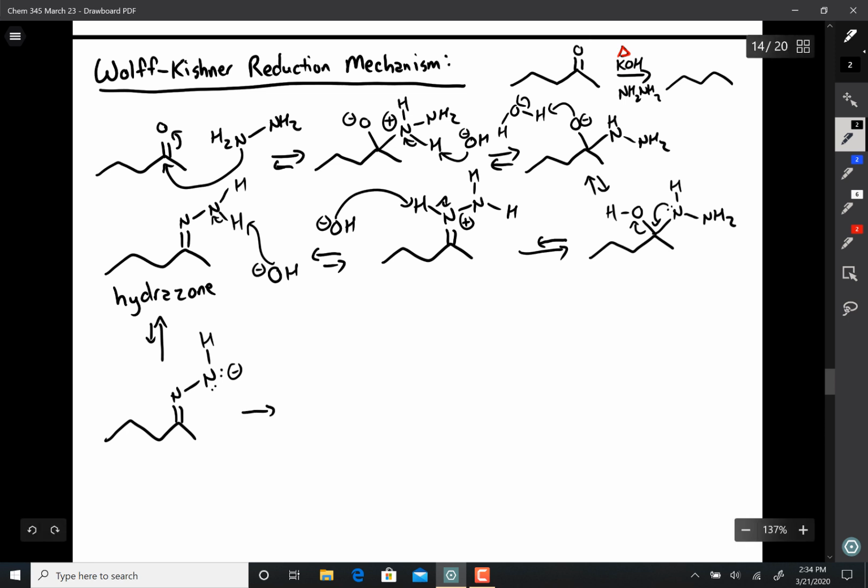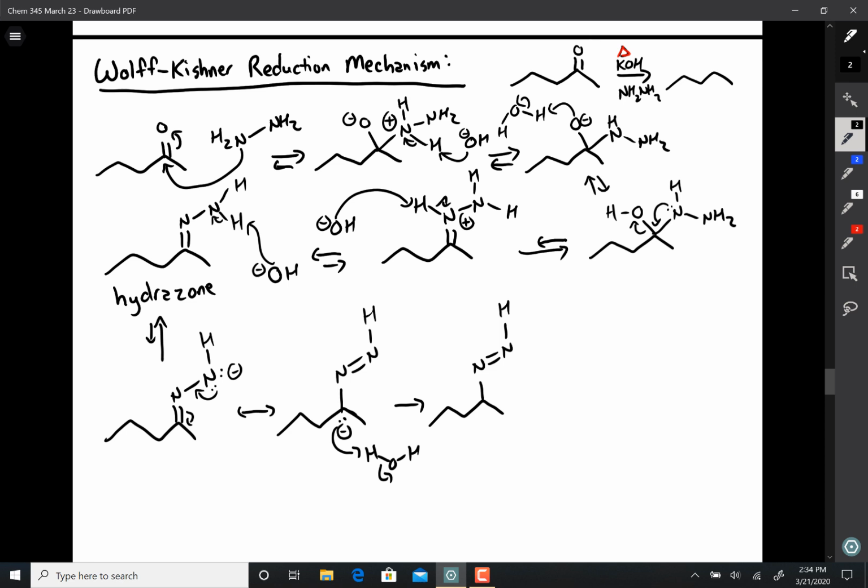This, of course, has a resonance structure, which is a carbanion. That carbanion deprotonates water. Next thing that happens is base deprotonates the nitrogen again.